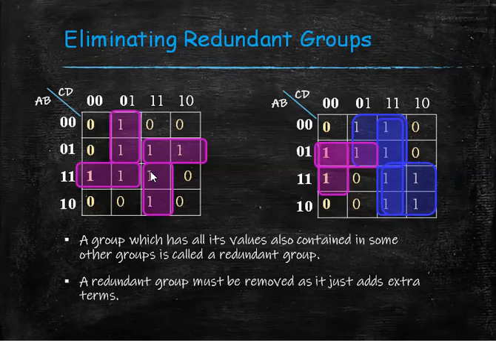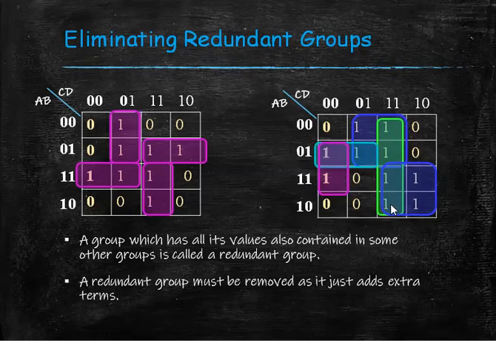Looking at this pair, the members of this pair are shared, and the members of this quad are also shared. So we have to remove this quad because this is a redundant group, and there is another one that is also redundant.